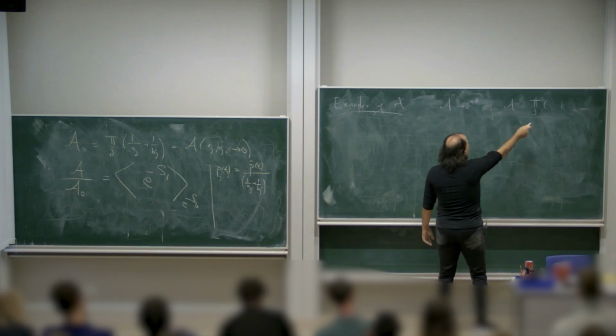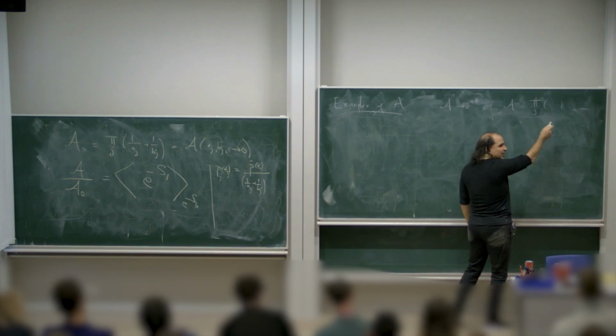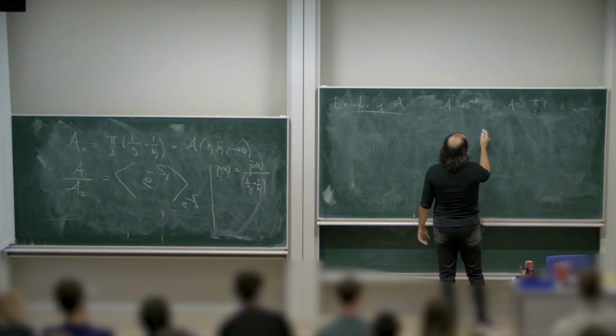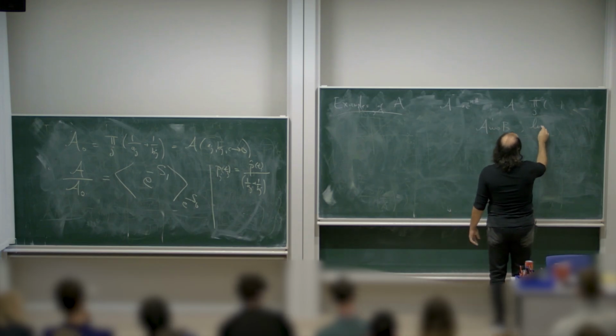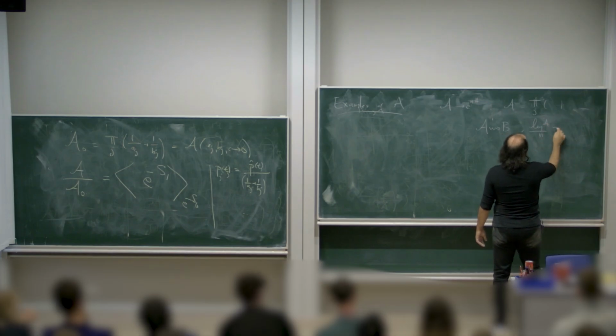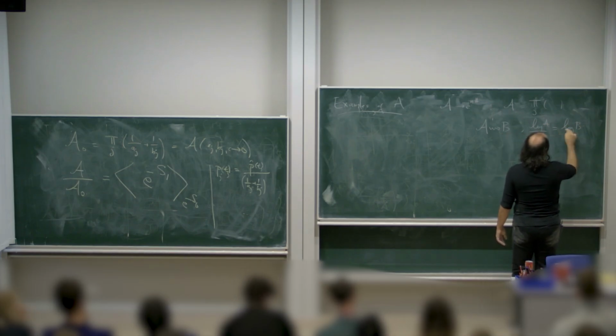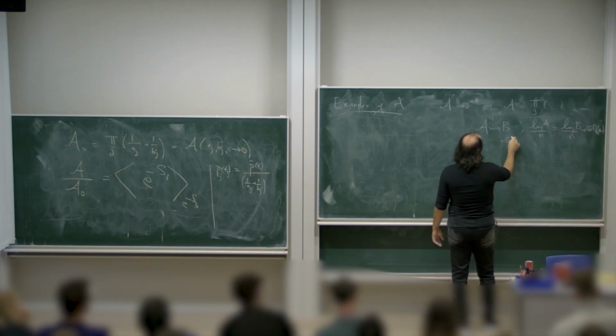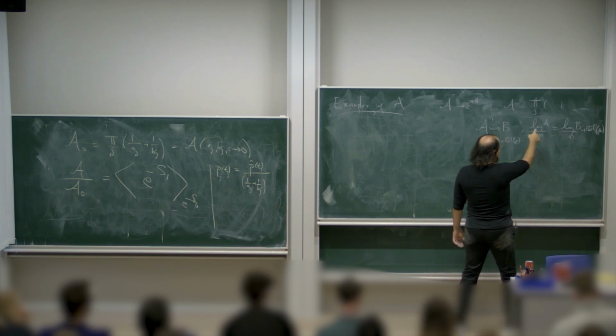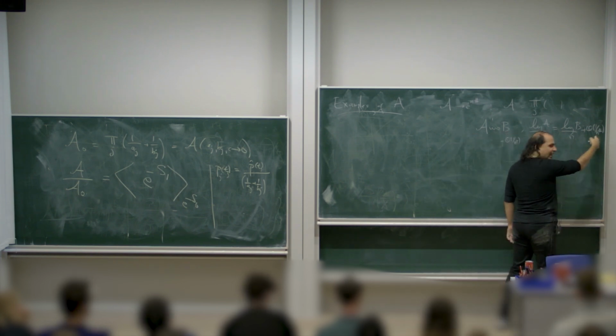I just don't want to write the log of this expression, so I'm just going to directly write the formula. Or if you like, I'm going to use a notation where A goes to B means that log A over n equals log B over n plus order 1 over n to some power. So if I say A goes to B plus order 1 over n to a power, what I mean by this notation is that log A over n is log B over n up to that accuracy.